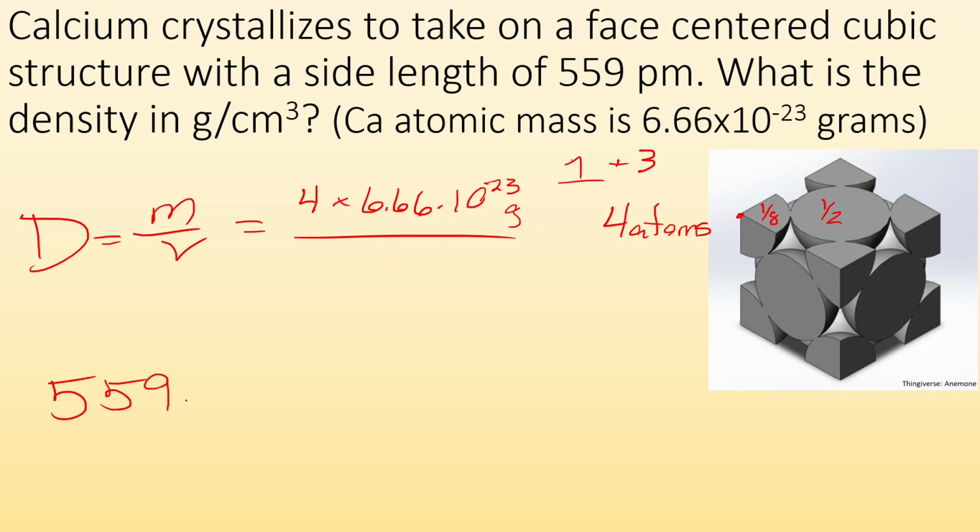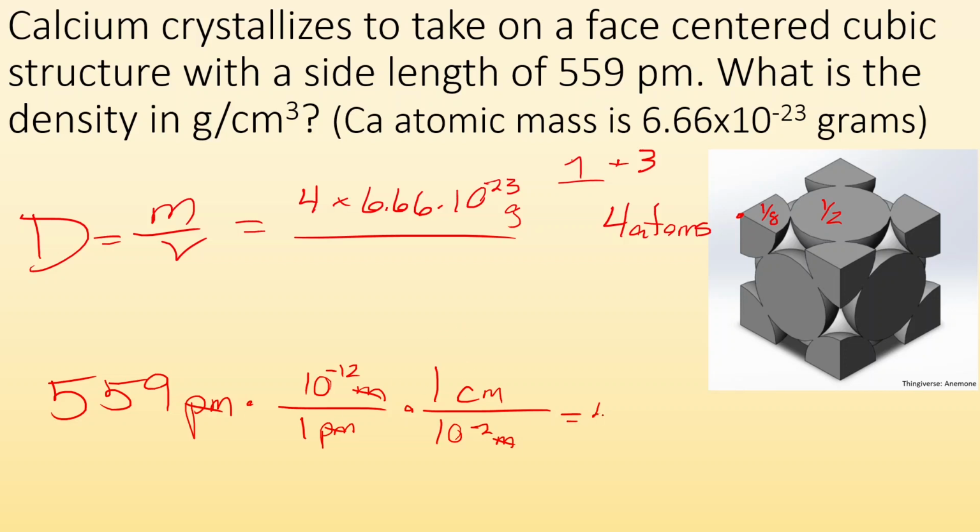I need it in centimeters. So I do a little conversion. I know pico means 10 to the minus 12. So if I have 1 picometer, I have 10 to the minus 12 meters. Now let me convert that into centimeters. I know if I had 1 centimeter, that's 10 to the minus 2 meters. Meters cancel out, picometers cancel out. 10 to the minus 12 divided by 10 to the minus 2 gives me 559 times 10 to the minus 10 centimeters.